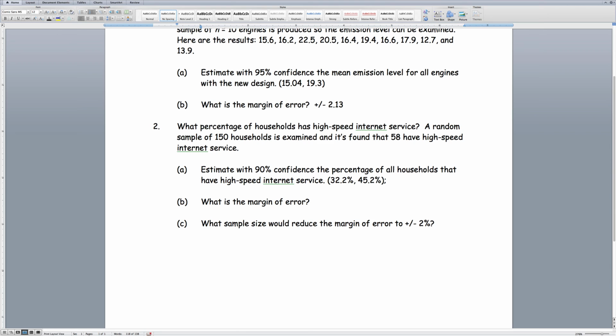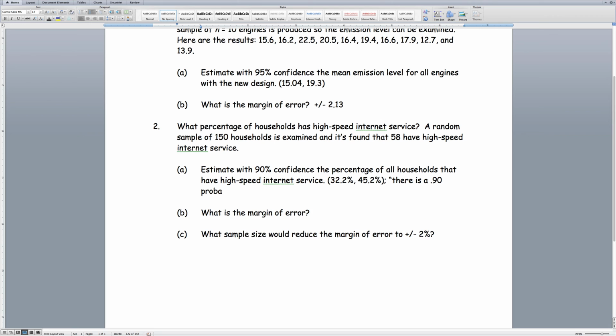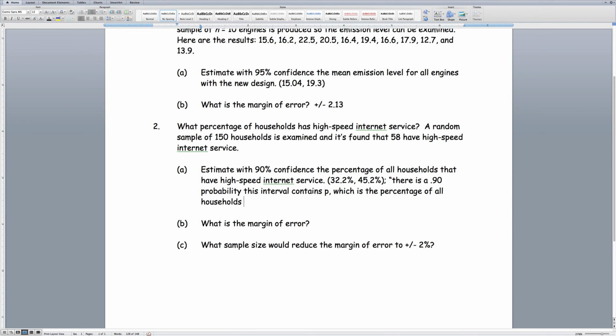This indicates there is a 0.90 probability that this interval contains p, the percentage of households with internet service.